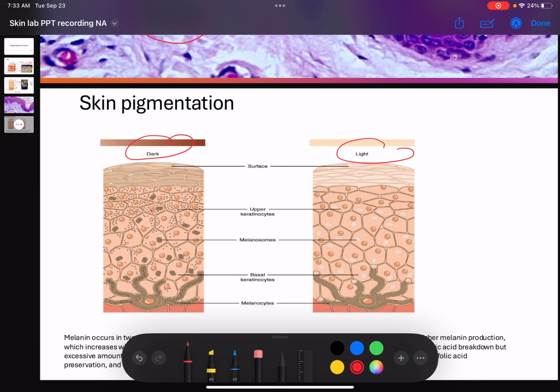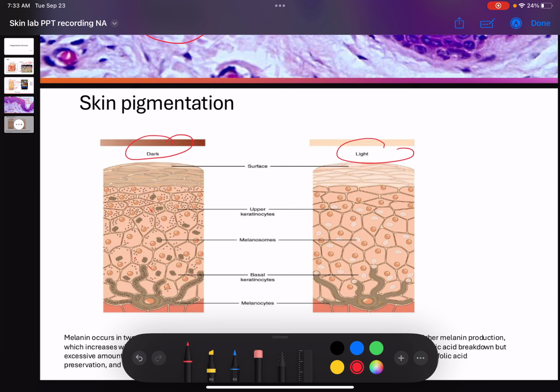So this melanin increases with UV exposure, as keratinocytes stimulate melanocytes. Melanin, like I said, protects DNA and prevents folic acid breakdown, but an excessive amount can reduce vitamin D production.